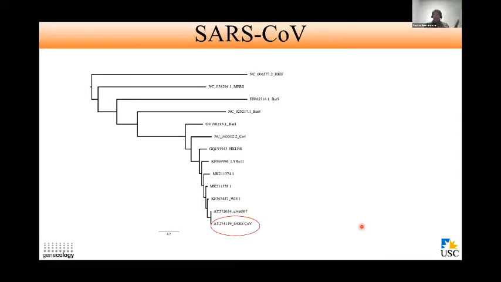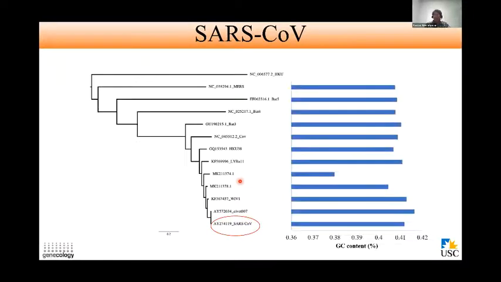I collected the genomes that are related to this virus in a similar way, and then calculated the GC content. And this shows there's no pattern. The GC contents are more or less similar across the different members of the lineage.